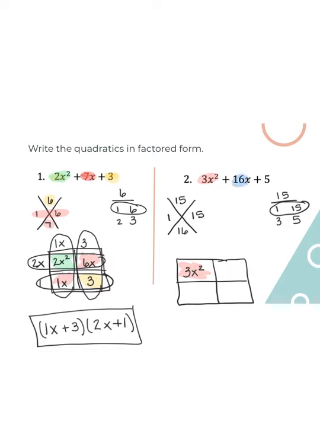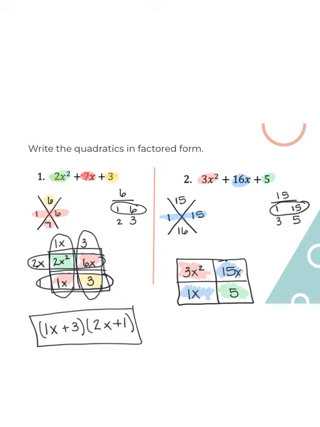I'm going to replace this 16 with these two right here, and that's going to go in this box and this box. And I'm going to put an x with them. So this one I'm going to have 1x, and this one I'm going to have 15x. And finally, this 5 is going to go right here. So I'm going to put a 5 right there.